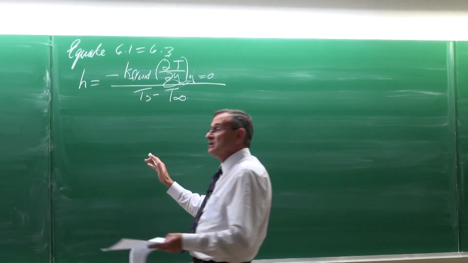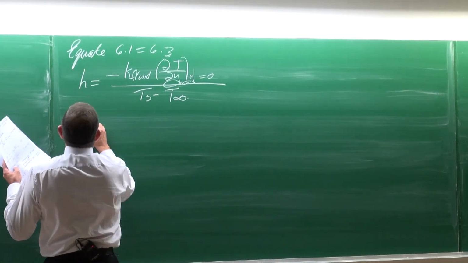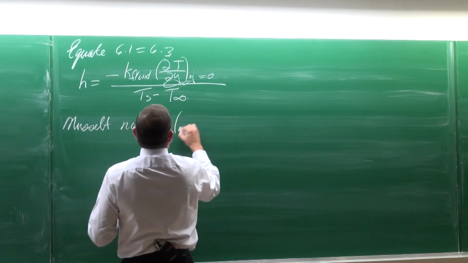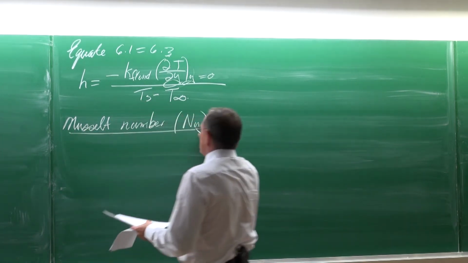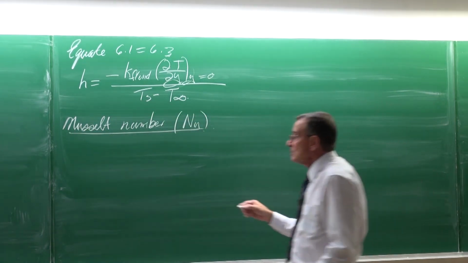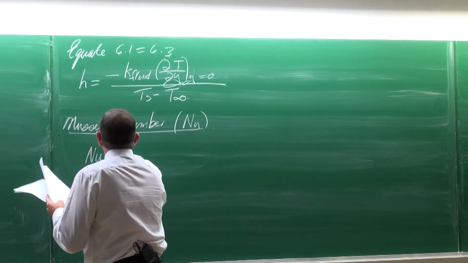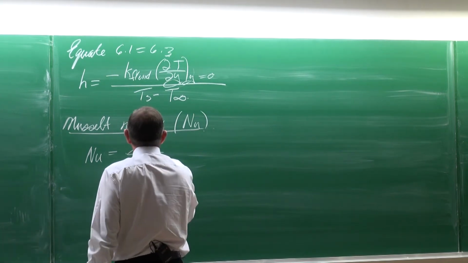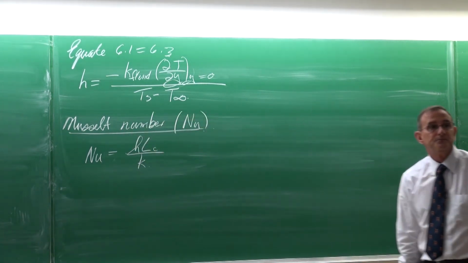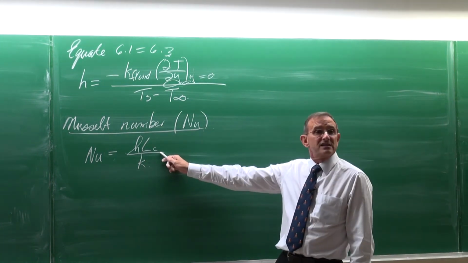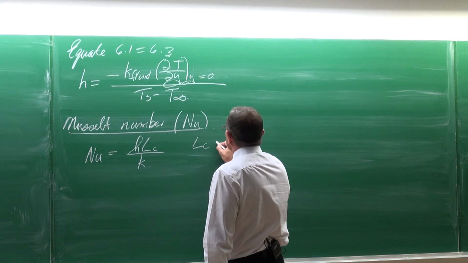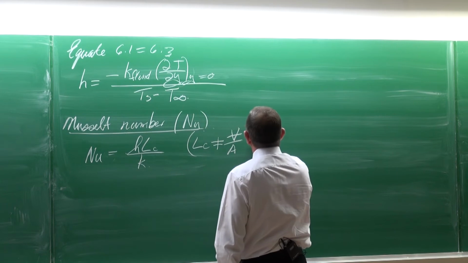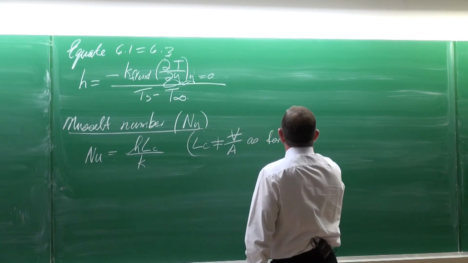Now the heat transfer coefficient is very closely related to what we call the Nusselt number. The Nusselt number, the definition of it, is equal to the heat transfer coefficient multiplied by the characteristic length, divided by K. This Lc is not equal to the volume divided by surface area as for the lumped system.